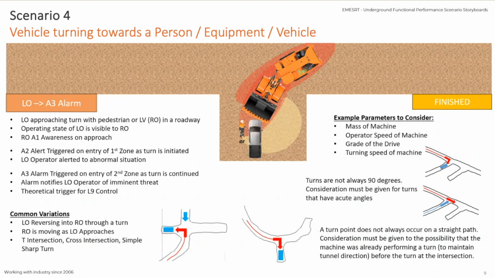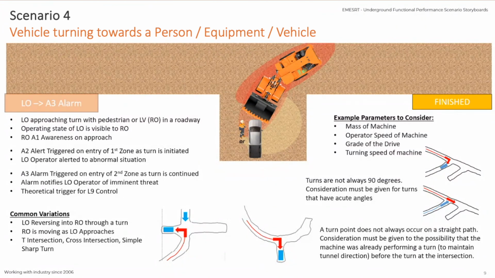So that also needs to be considered as part of the design process. Some additional example parameters there, just to prompt people and make them think about it, is the turning speed of the machine. I've spoken to a lot of operations that have got this problem sorted out quite well because their operations are quite tight and they have very limited speed, so 6 kilometres an hour, 7 kilometres an hour.